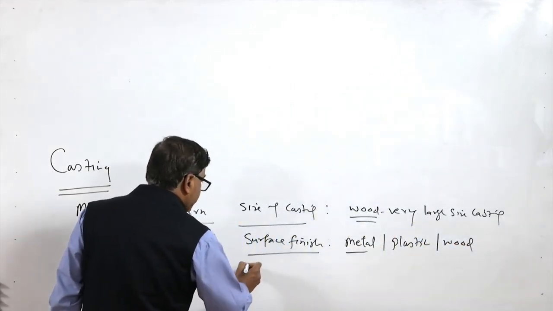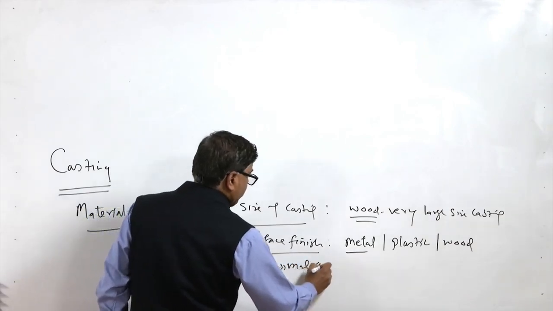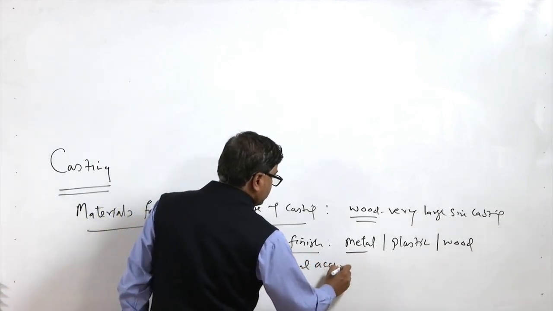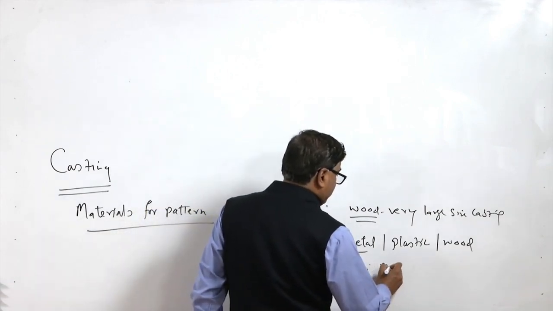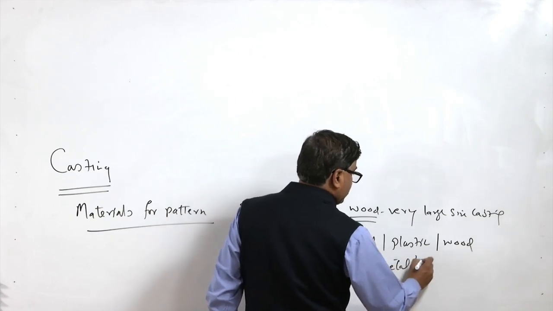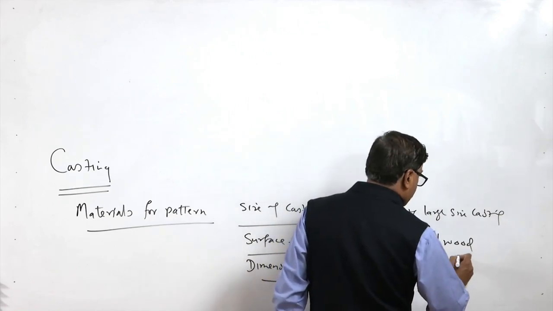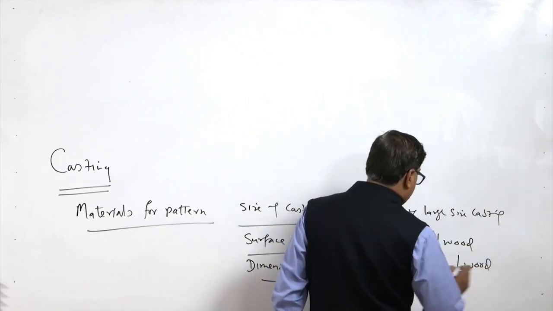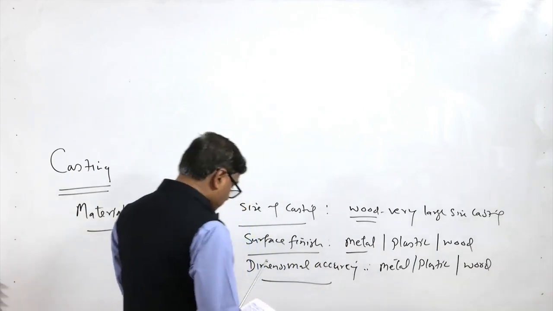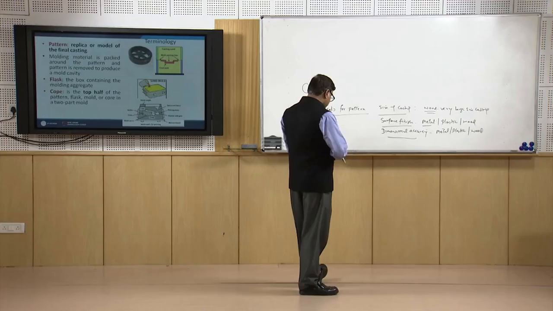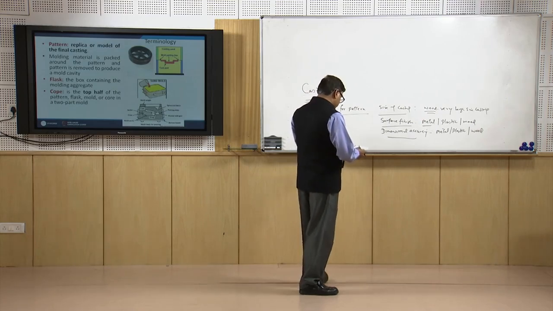And then dimensional accuracy, which is desired. So, metals and plastics offer good dimensional accuracy than the wood. So, you can say these are in the order of the preference for the finish as well as the dimensional accuracy of the material to be used.